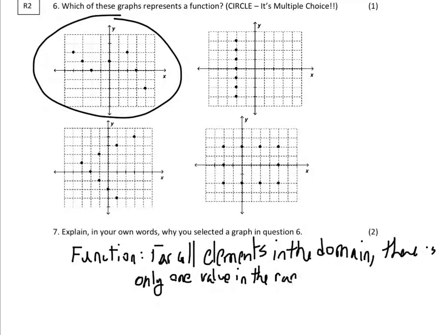Now this is the definition of a function. It's not an explanation of question 7, but it actually helps to think about it this way.